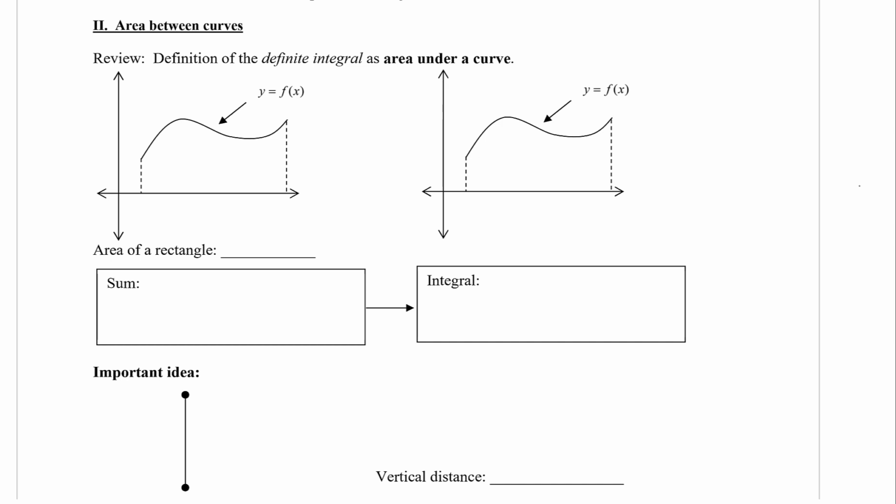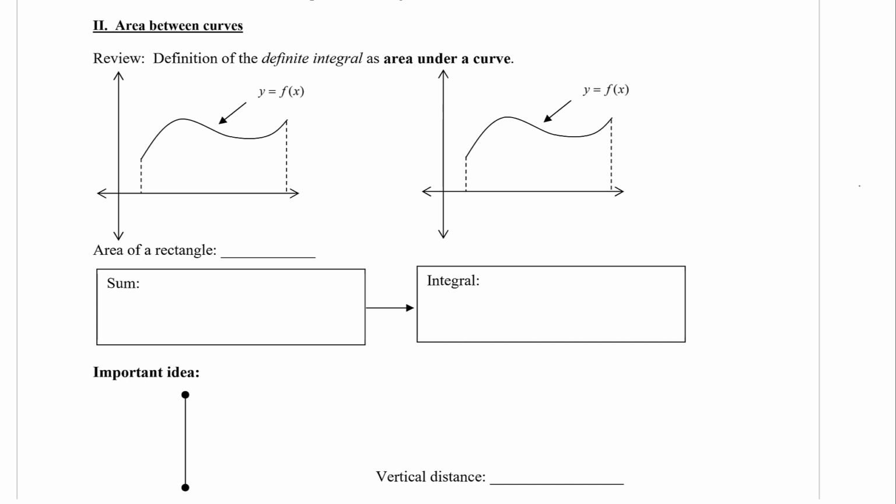What I'm going to do here is I'm going to go ahead and represent in the first graph how we began finding the area under a curve. If you recall, we began using Riemann sums to find approximations for the area under a curve.